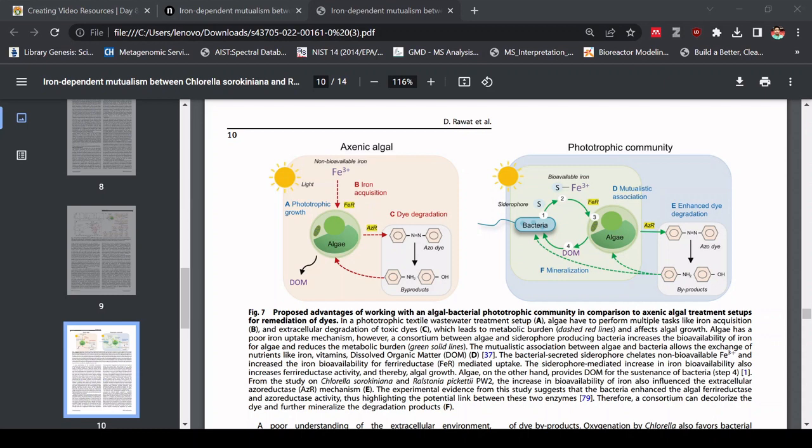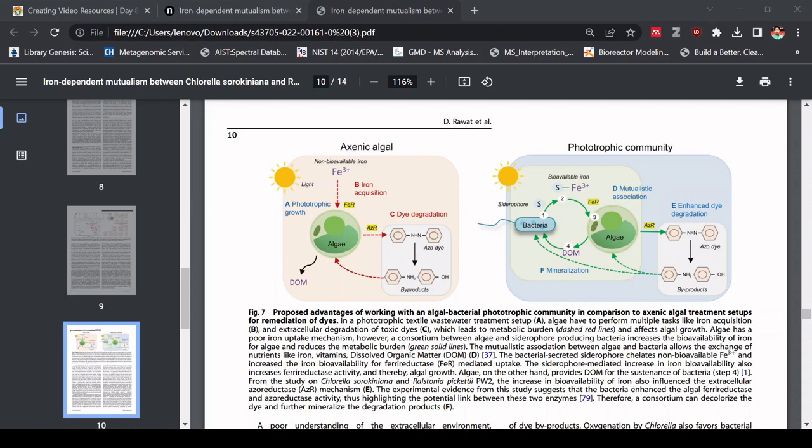Unlike algae, bacteria have a good iron uptake mechanism. They secrete chemicals called siderophores, and those chemicals are then used to capture iron. Bacteria will capture iron from the surroundings, but not only will they use that iron for themselves, they will also provide that iron to algae so that algae can also grow better.